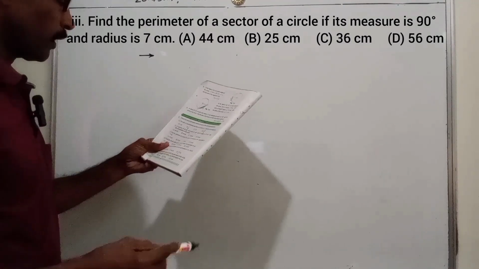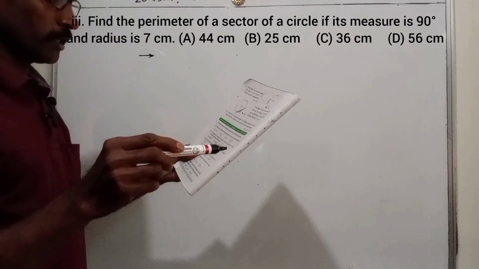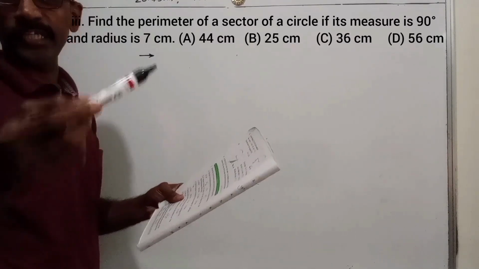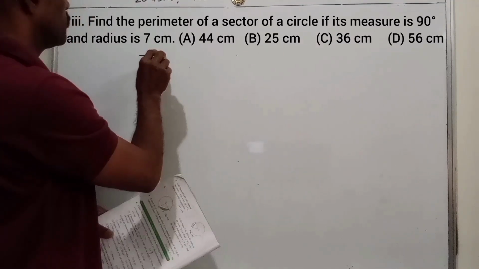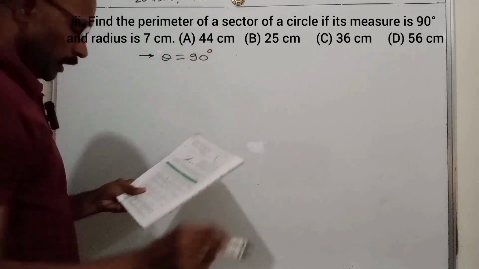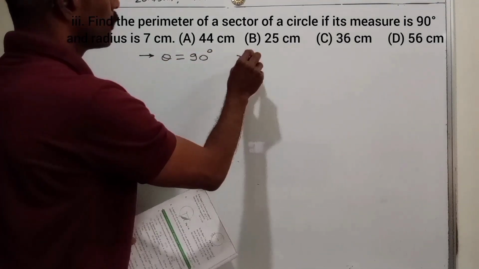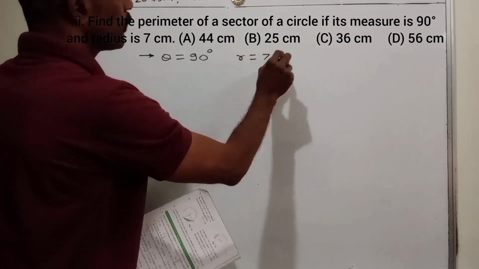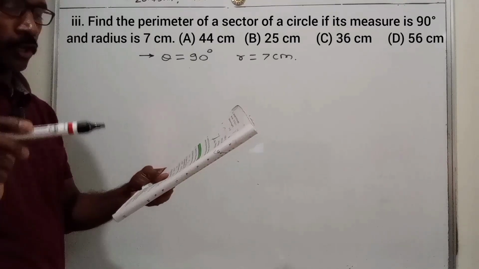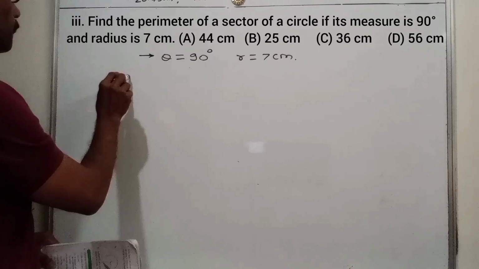Question number 3. Find the perimeter of a sector of a circle if its measure is 90 degree. Then we have given theta is equal to 90 degree and radius is 7 centimeter. Then find the perimeter of a sector of a circle. See here.